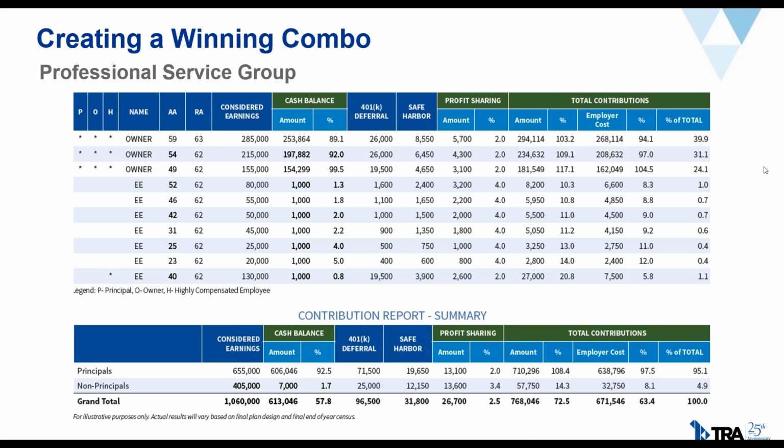But they could still set up the plan for the following year and make plans accordingly. And then the three owners would be completely aware of what the implications were of making significant contributions for their retirement.